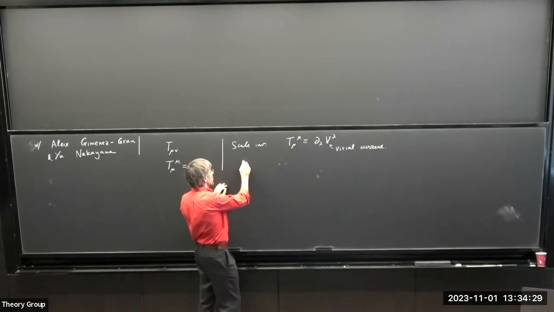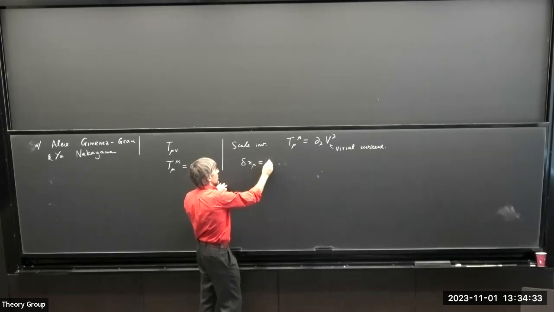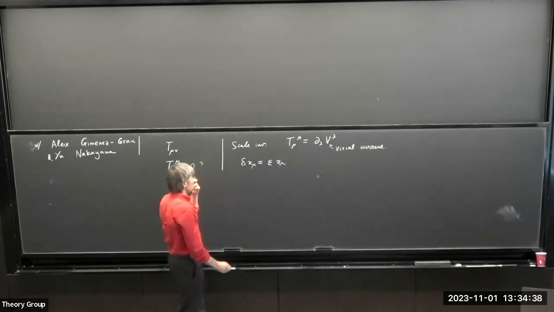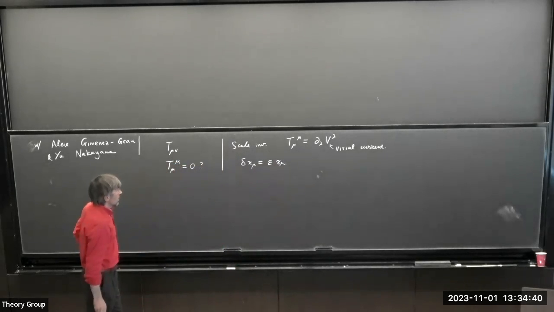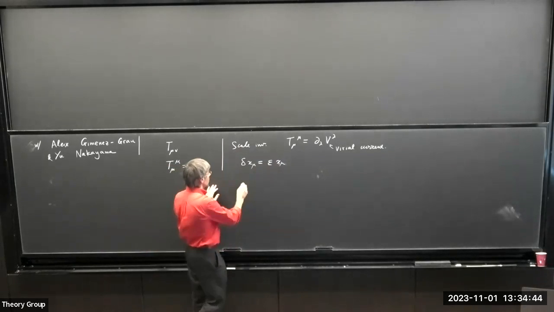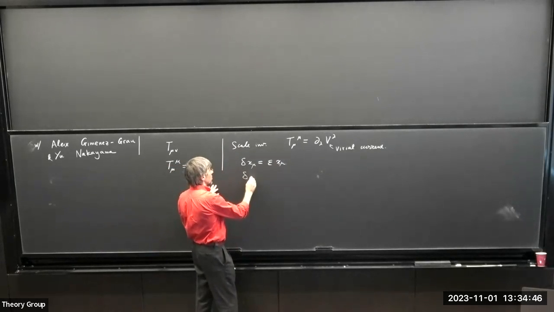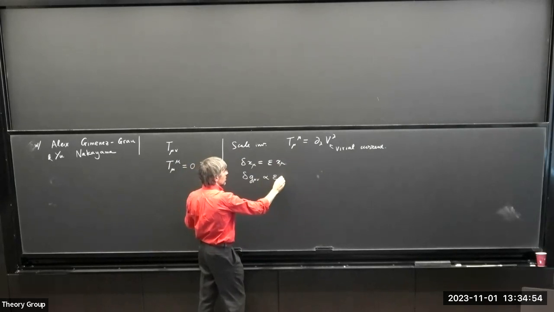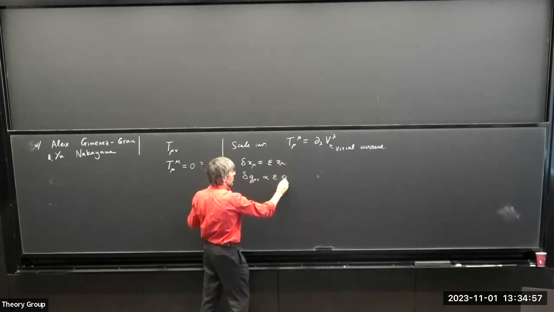A scale transformation means rescaling the coordinates by some small parameter epsilon. Suppose you are in flat space and you do a rescaling: the metric changes by some constant times the original metric.